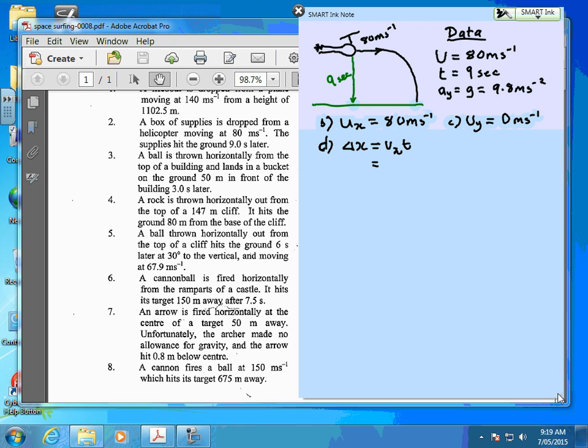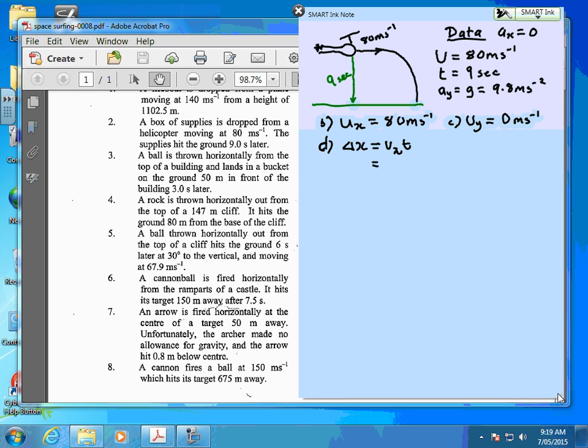That's the speed sideways or horizontally, but there is no acceleration in the x direction ever, unless there's a rocket attached to the back of it. And they're going to give you a question with a rocket attached to the back and ask this stuff. So in my data up here, I could have added ax equals 0, just to remind me. You can write that down for every question, it will remind you of it.